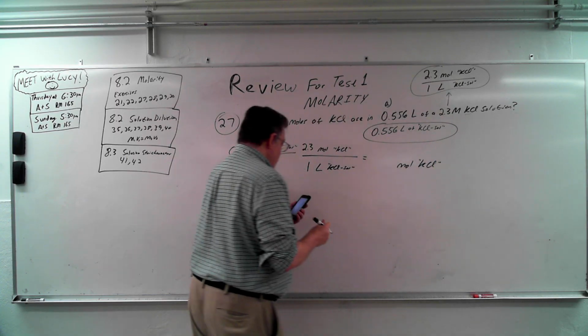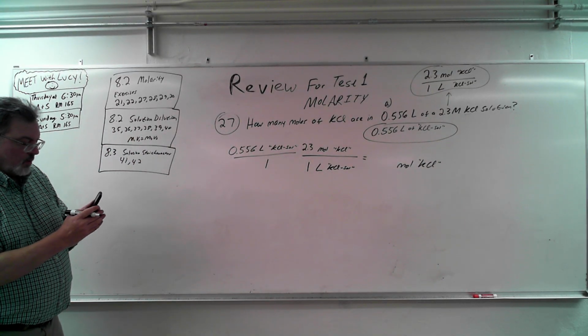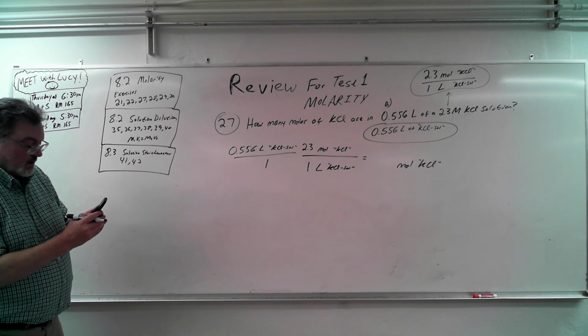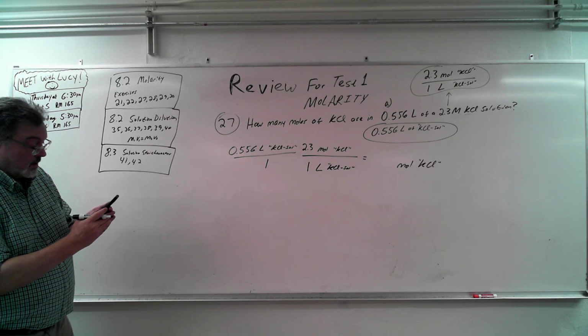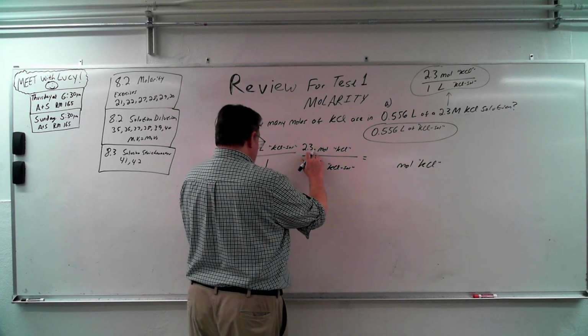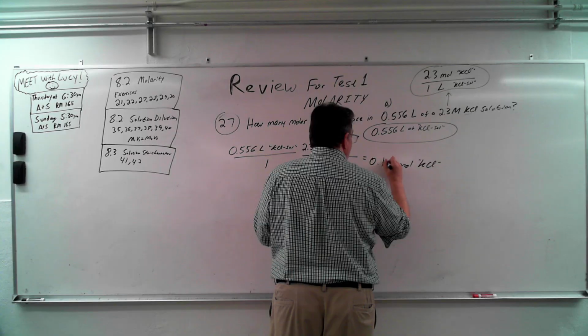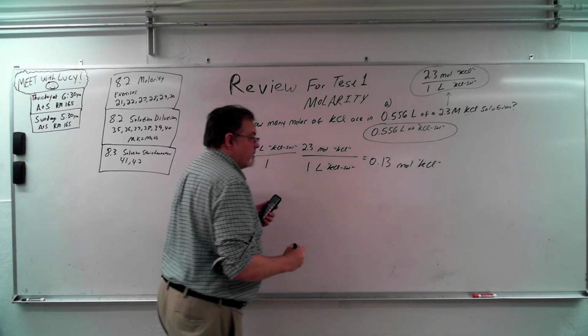Potassium chloride. 0.556 times 2.3. Two significant figures, so I'm going to go 1.3. And that's the answer.